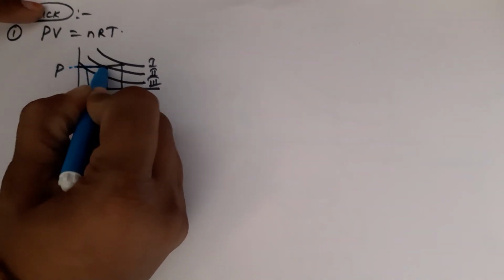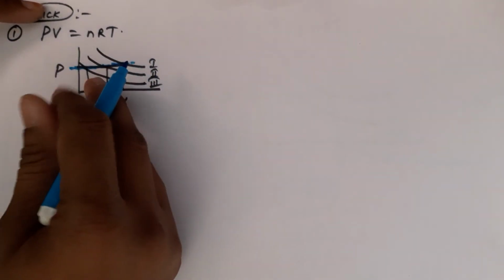Just see. In a graph, which is constant? One value must be constant. I took a vertical line to make one value constant in the previous graph. Now I will take a horizontal line.